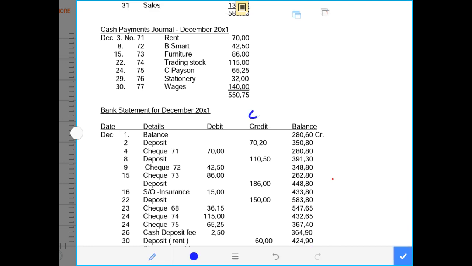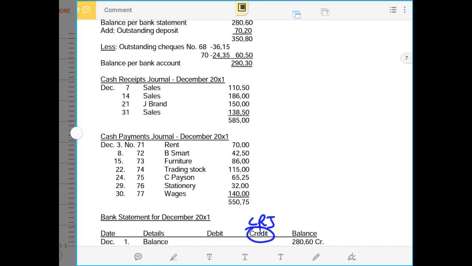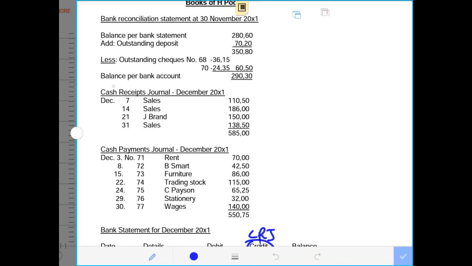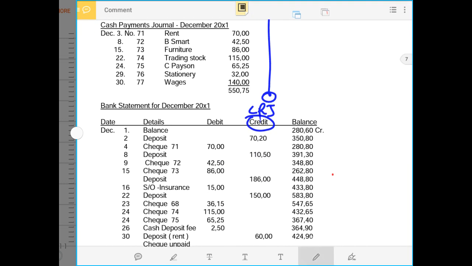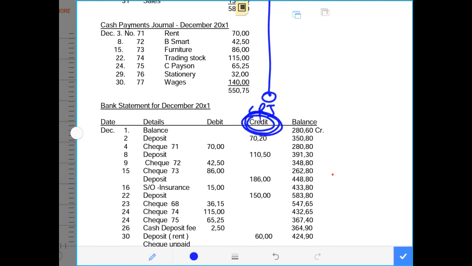So now this will be the cash receipt journal that will be compared with the credit side of the bank statement, because all the money that we receive becomes a liability to our bank. Therefore, liabilities increase on the credit side.